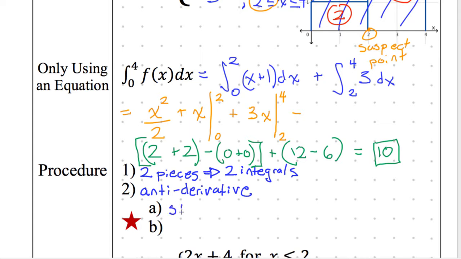So we went from the start to this thing. What do we call him? Suspect point. Yeah, so we went from start to the suspect point. And then we went from where to where? The suspect point to the end. Yep, suspect point to the end.